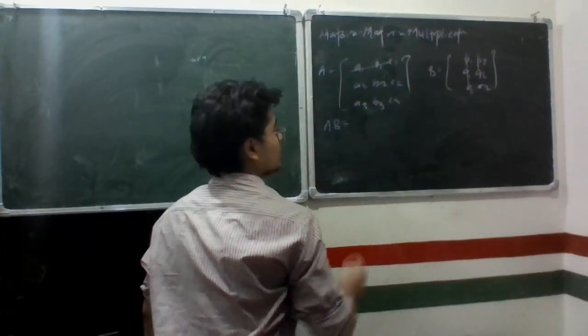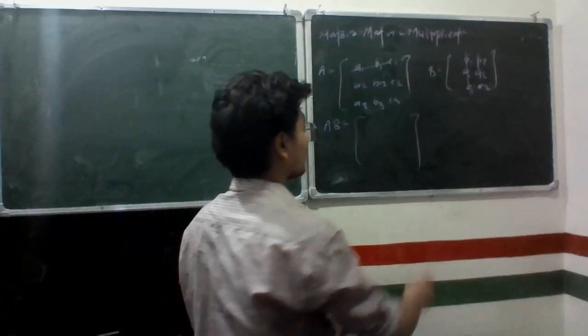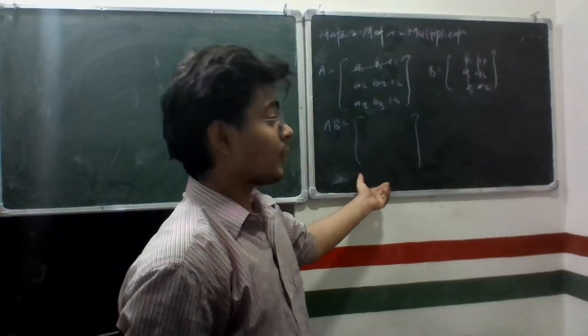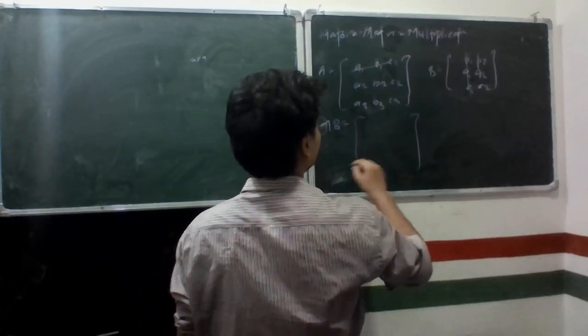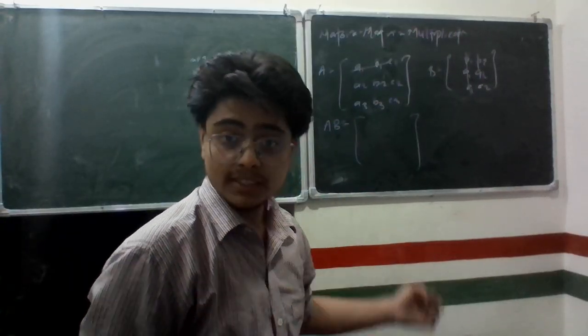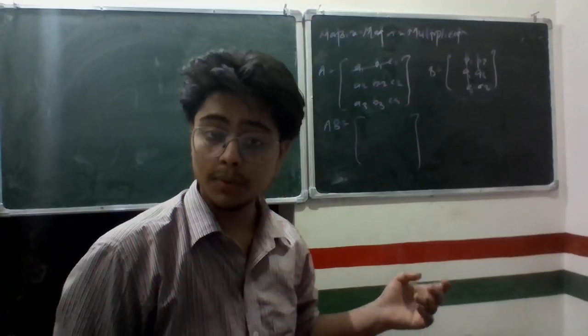Before writing that, let's see what the order of the matrix after multiplication is, and also matrix multiplication doesn't exist for every pair of matrices. We have to look at the number of rows and columns.